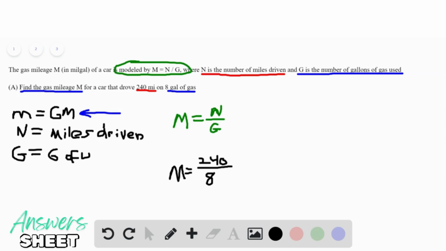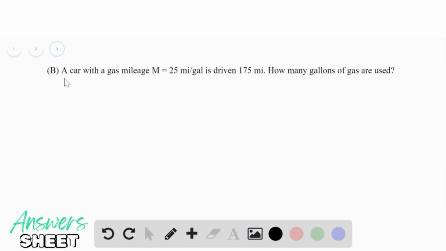Part B. So, what do we need to find out? Ask yourself, I need to find out how many gallons of gas was used. If you thought that, then you'd be correct, and you already have your variables labeled from the last problem. So M, we know is gas mileage. N, we know is number of miles driven.